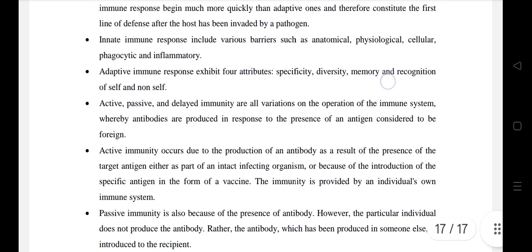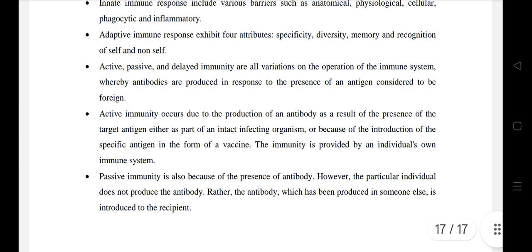Active, passive, and delayed immunity are all variations on the operation of the immune system, whereby antibodies are produced in response to the presence of an antigen considered to be foreign. Active immunity occurs due to the production of an antibody as a result of the presence of the target antigen, either as part of an intact infecting organism or because of the production of the specific antigen in the form of a vaccine.